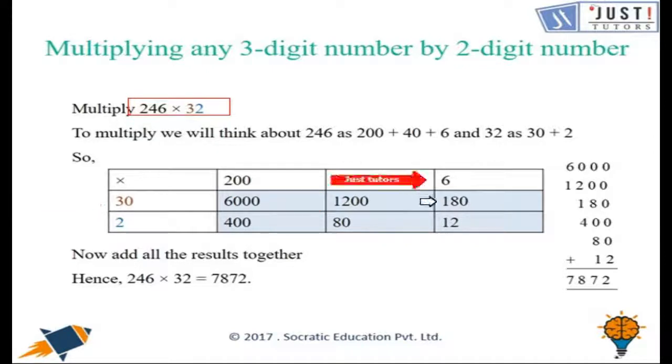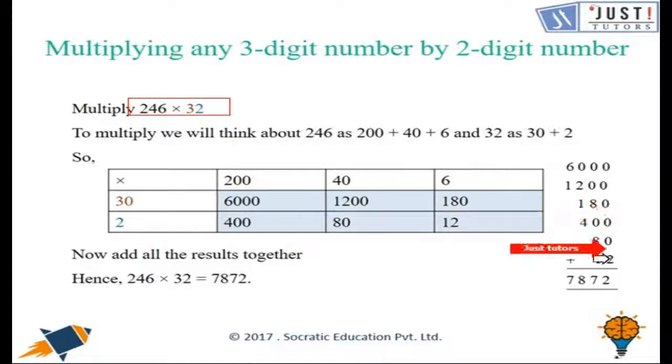30 times 6 makes 180. 2 times 200 is 400. 2 times 40 is 80. 2 times 6 is 12. So we will be aligning these together and then add all of them. So this is going to be a 2.